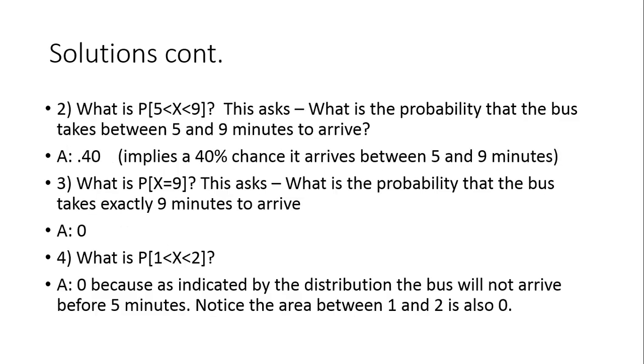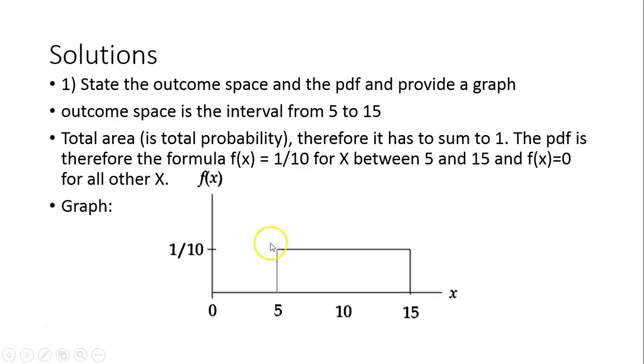Now the other solution. What is the probability that x is between 5 and 9? This asks, what is the probability that the bus takes between 5 and 9 minutes to arrive? It's 0.4. How do I know it's 0.4? I just take the area between 5 and 9 here.